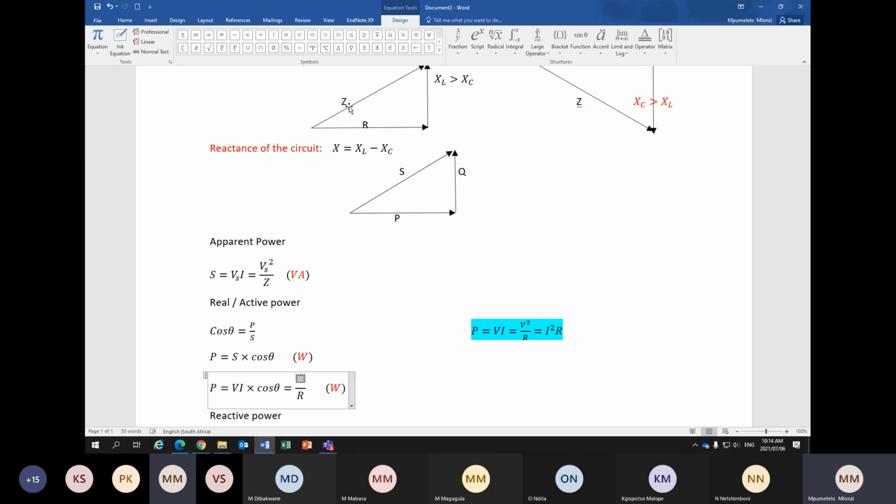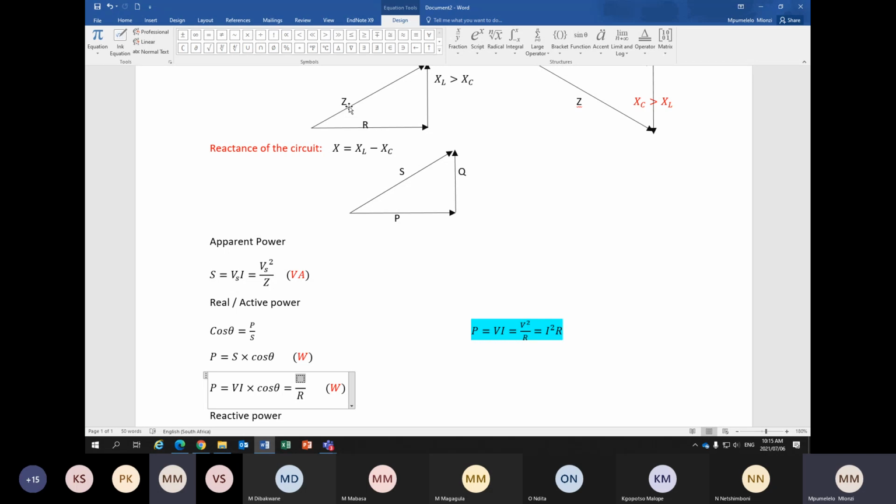But if we separate those parameters, we'll have the resistor, the reactance of the inductor, the reactance of the capacitor, and the voltage across the resistor is not the supply voltage. The resistor's voltage is a portion of the supply voltage.